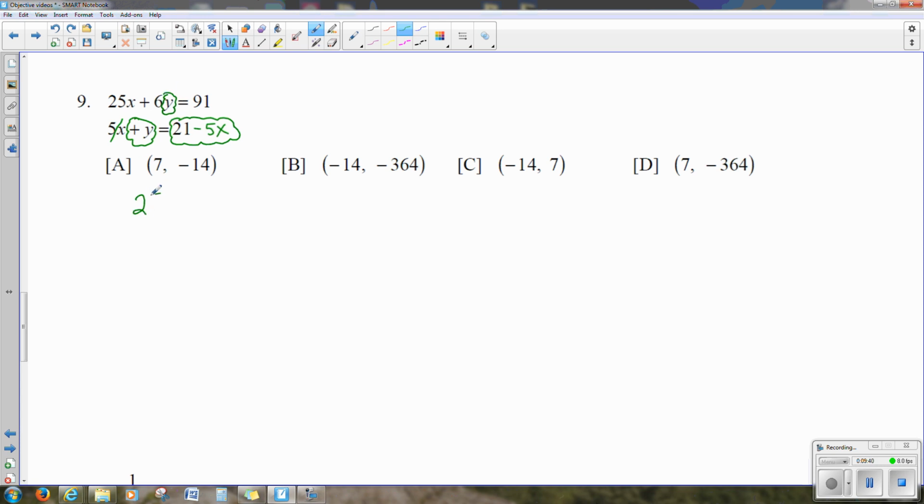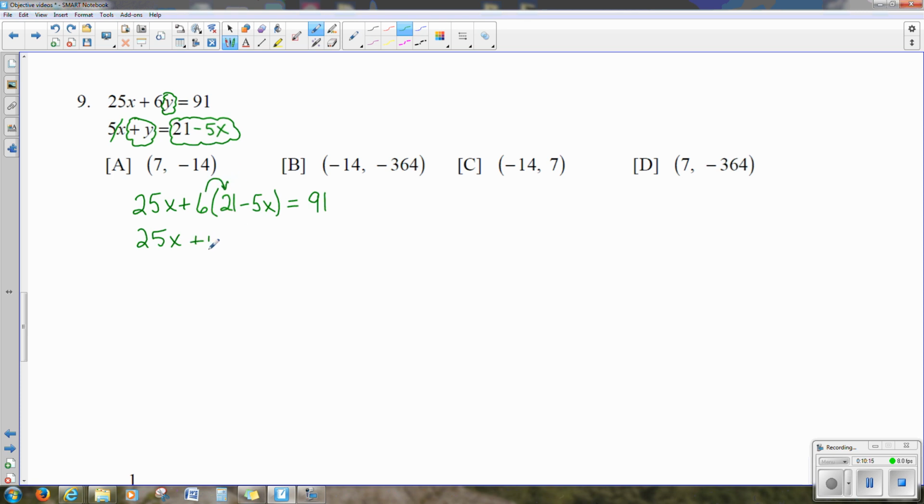So we have 25x plus, now this time we're doing 6 times y. So 6 times all that stuff. So 6 times 21 minus 5x equals 91. And now we can solve. 25x, I'm going to have to distribute here.